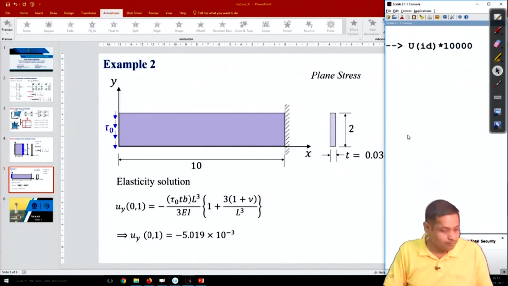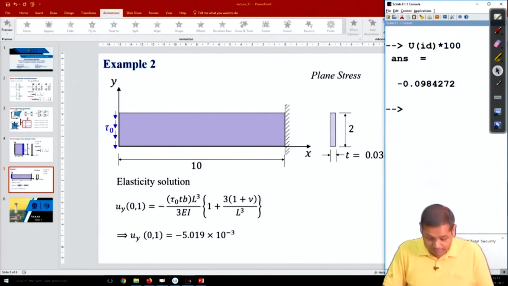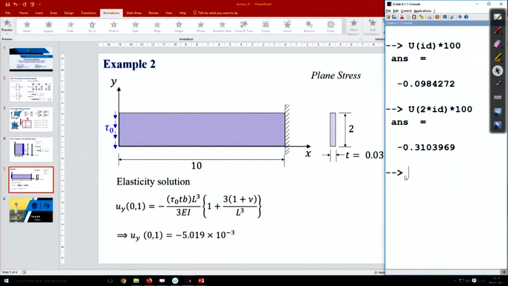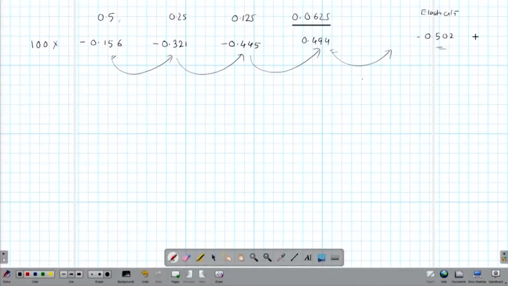Now multiply by 100. Let's see, this is the x1. It should be 2 into this, and this is 0.313. So let us write this: minus 0.313.